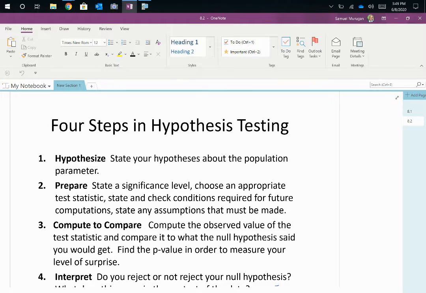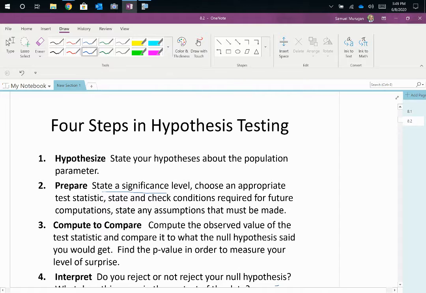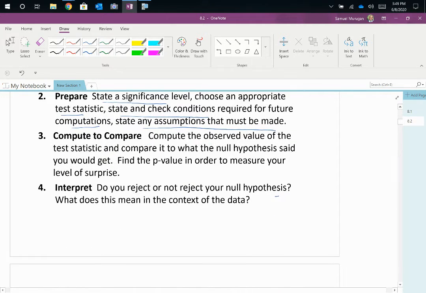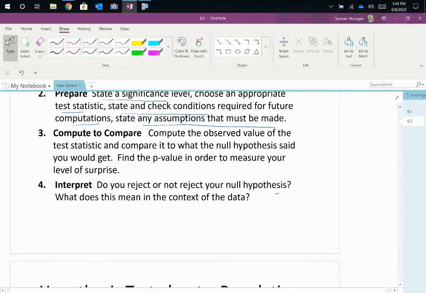Second, prepare, or state, a significance level. Choose an appropriate test statistic, state and check conditions required for future computations, and state any assumptions that must be made. The third step of the process is to compute and compare.